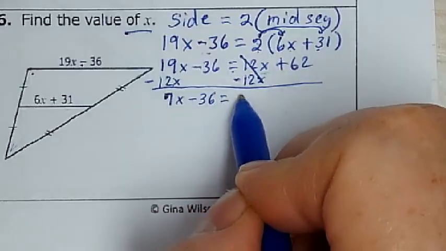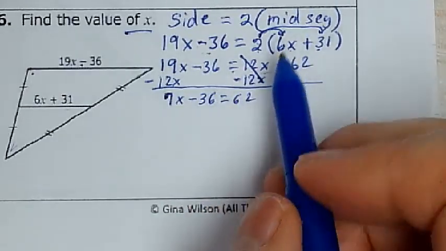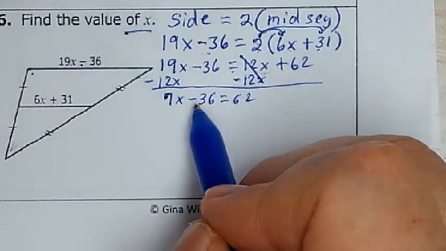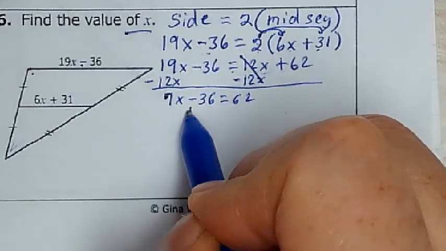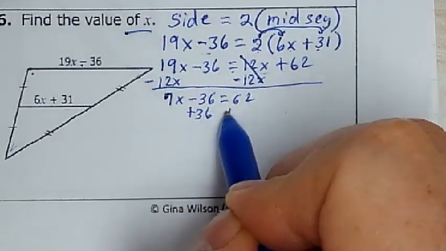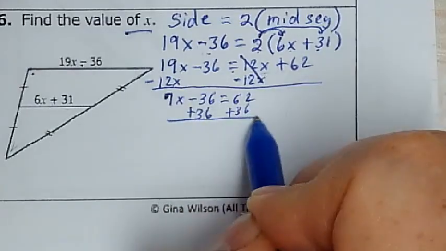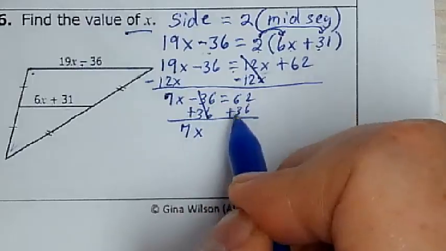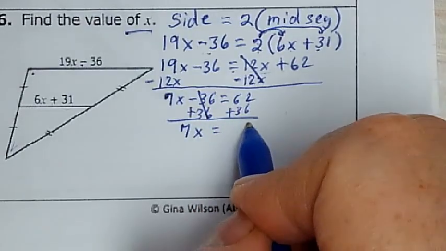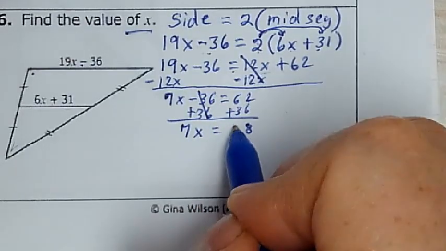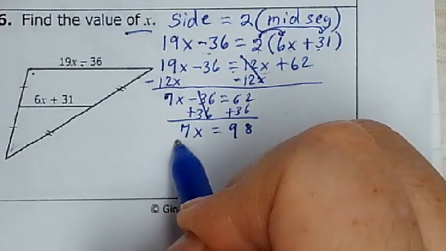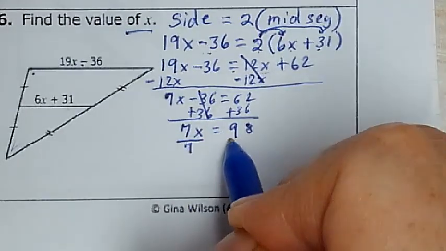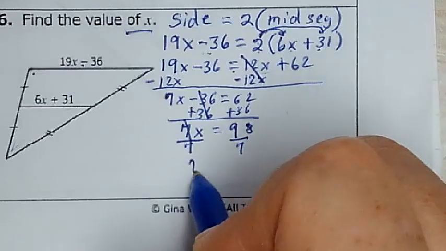At this point, we want to get rid of the constant from the left side, so why not just put plus 36, plus 36? And have at it. 7x is going to equal, I guess, 98. And of course, the last step, divide by 7, divide by 7. That leaves you with x equals 14.